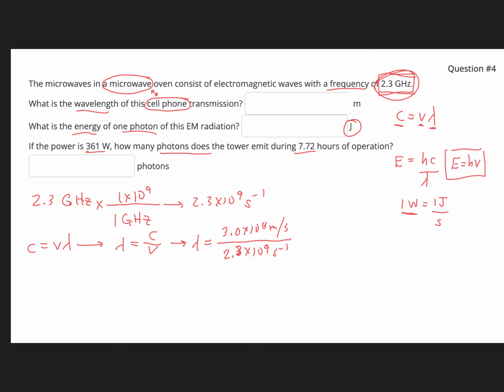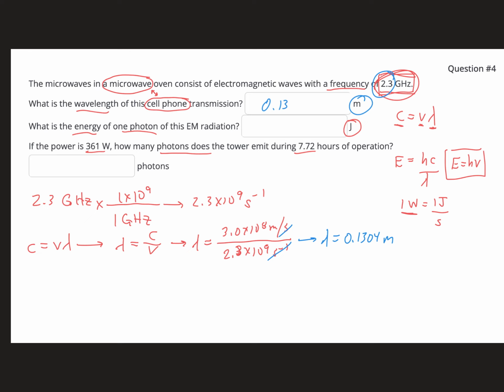Seconds cancel out, and we're left with meters, which is good because wavelength should be in meters. We divide those two and I get a wavelength of 0.1304 meters. I would say two significant figures, so 0.13 meters would be the wavelength of this energy.